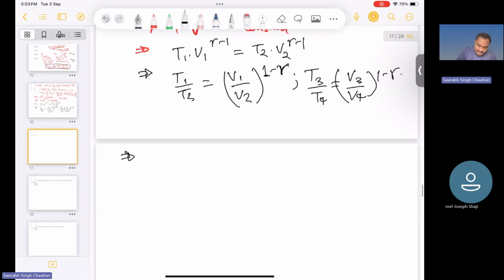And for an isobaric process, what we can write is that volume is proportional to temperature.